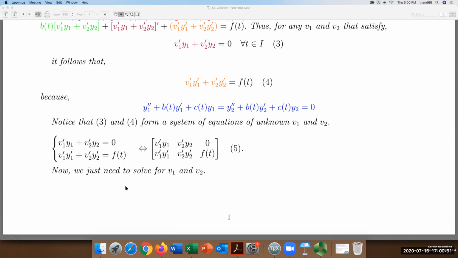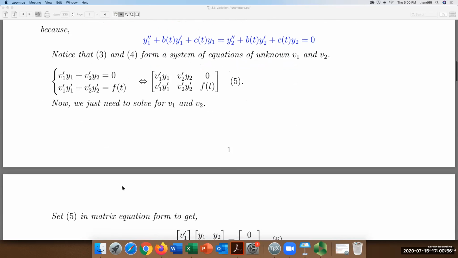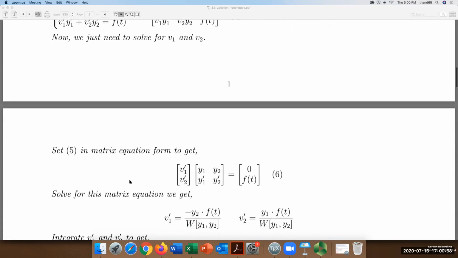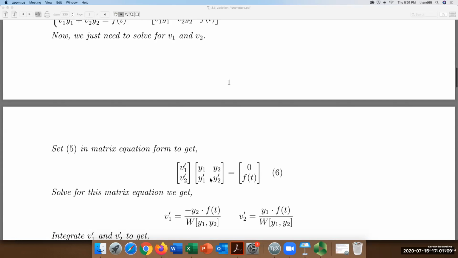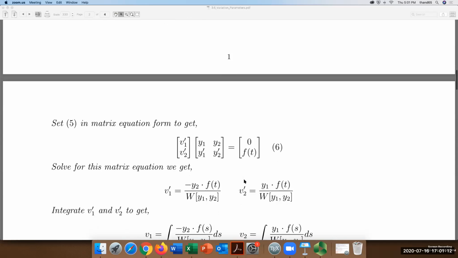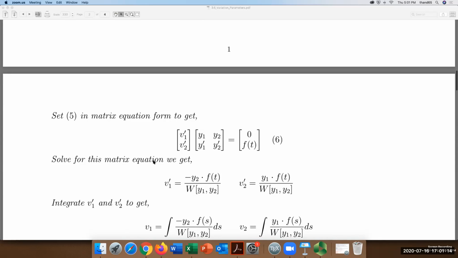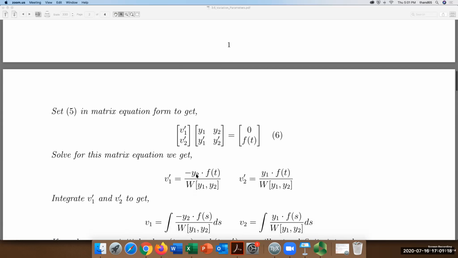It's a system of two equations with two variables. We know how to solve for V1 and V2, and we convert this into a matrix equation form to get V1 prime, V2 prime, with this matrix multiplied to this matrix to get 0 and f of t. Solving this matrix equation, V1 prime equals negative y2 times f of t divided by the Wronskian of y1, y2.